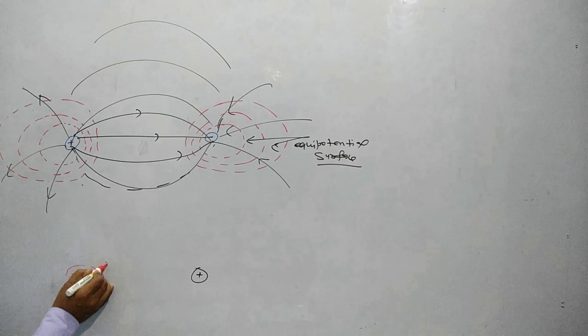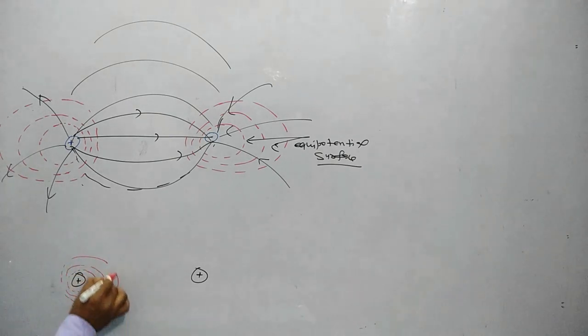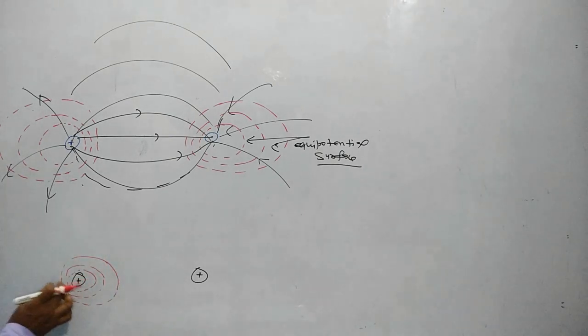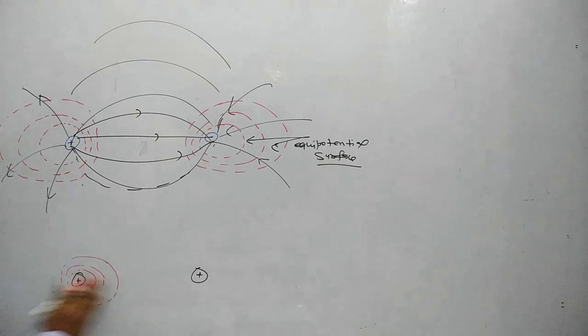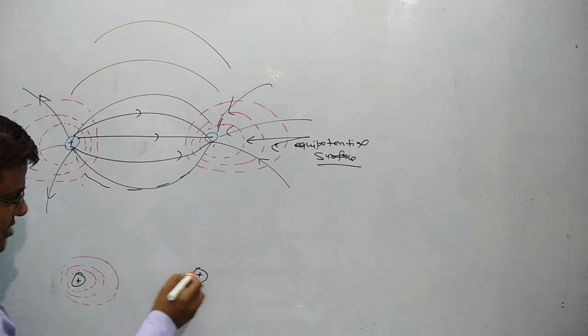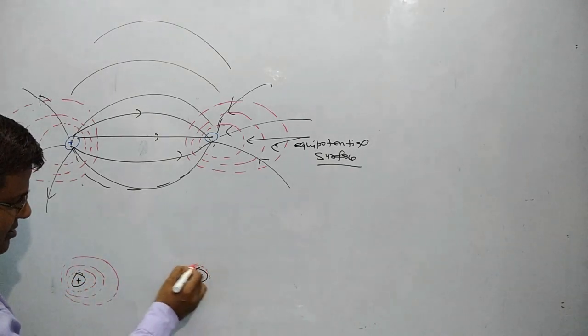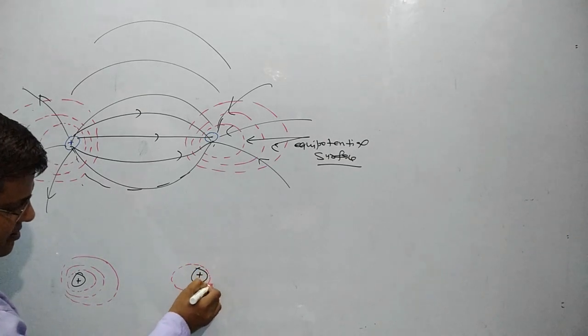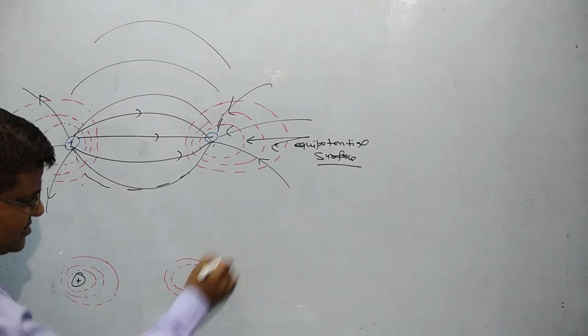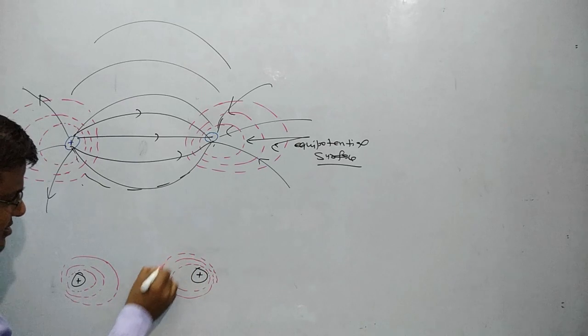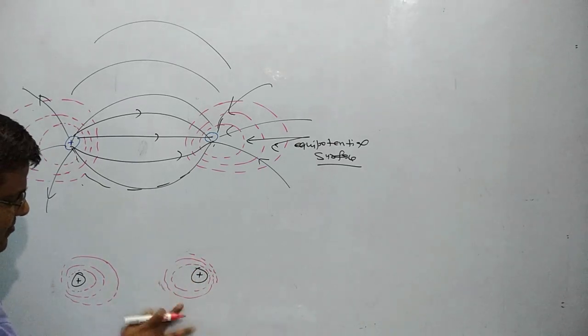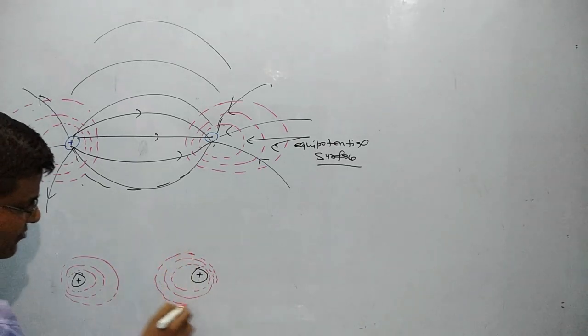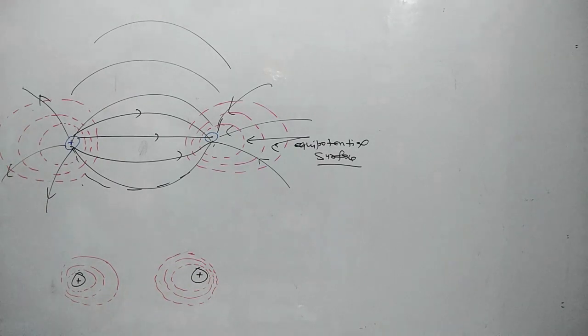Similarly here also, it is lesser at this end and denser at this end. You draw carefully, otherwise it becomes wrong.